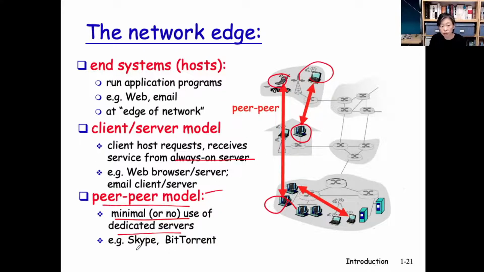So there do exist several of these peer-to-peer applications. Skype is one example. BitTorrent, I'm sure some of you have used it before, is a very dominant example. It's still very popular now. And besides these two, there's one example that you might go, oh yeah, that's right. It's called Bitcoin, or cybercurrency.